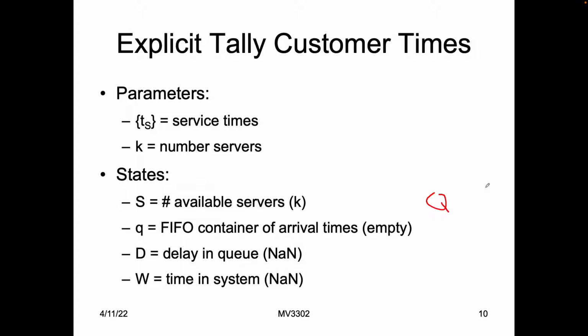So the key here is that we need to know the arrival times for each customer, so that when a customer finishes service, we know what time they arrived. To do that, we need to have as many of these times as there are customers.